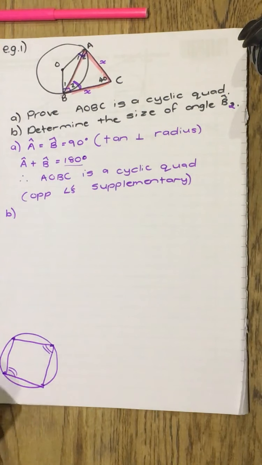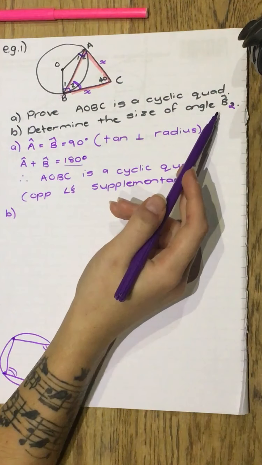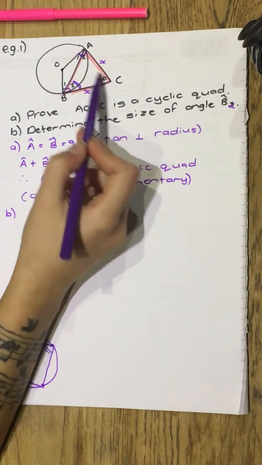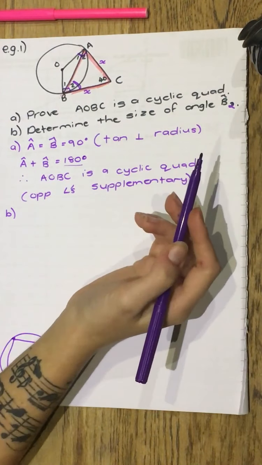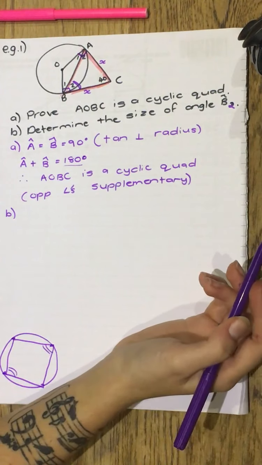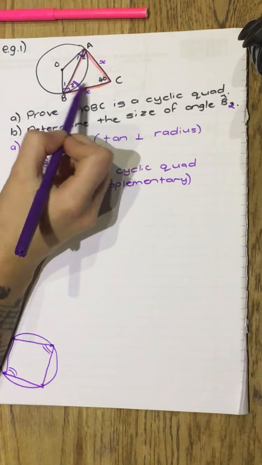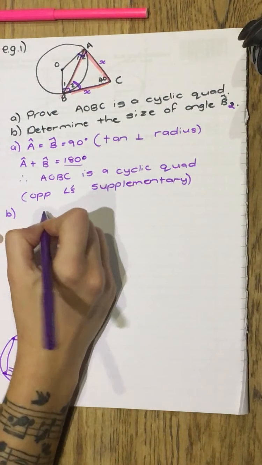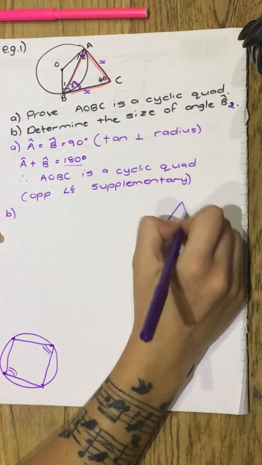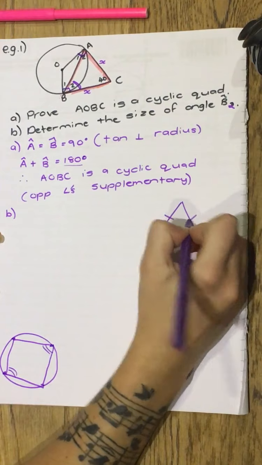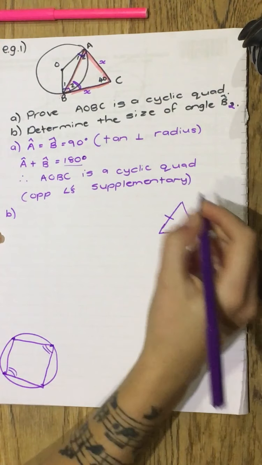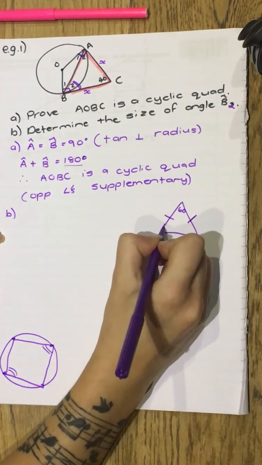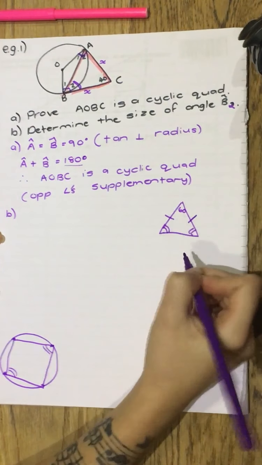Okay, so going back to B, they wanted the size of B2. And as I was saying, we've realized that those two sides are equal because of that theorem where it's tangents from same point. So we know that this is an isosceles triangle. So just on the side here, I'm going to give you a random example. If this is an isosceles triangle, and let's say this is 60 degrees, I know that those 2 angles are equal to each other.